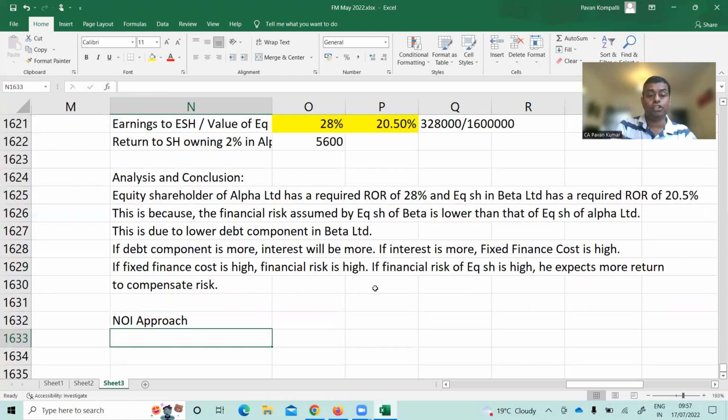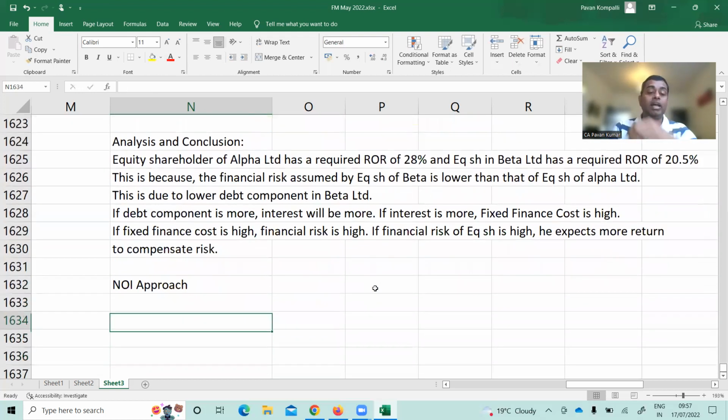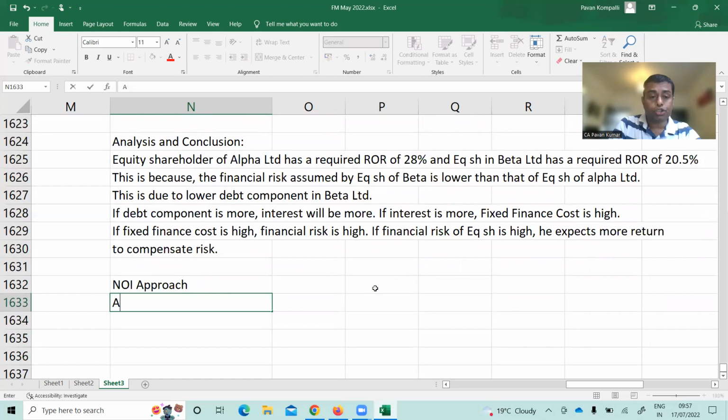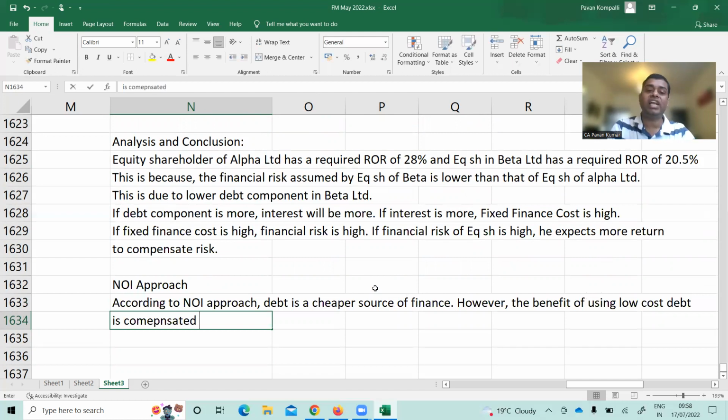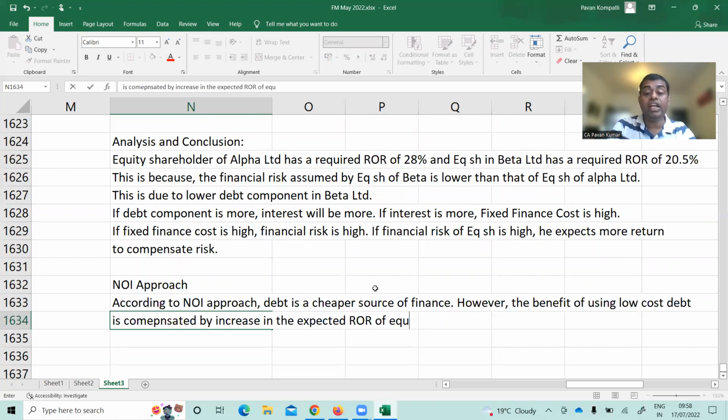net operating income approach. If you go to the theory of net operating income approach, NOI approach, according to NOI approach, debt is a cheaper source of finance. Obviously, debt is a cheaper source of finance. However, the benefit of using low cost debt is compensated by increase in the expected rate of return of equity shareholder.